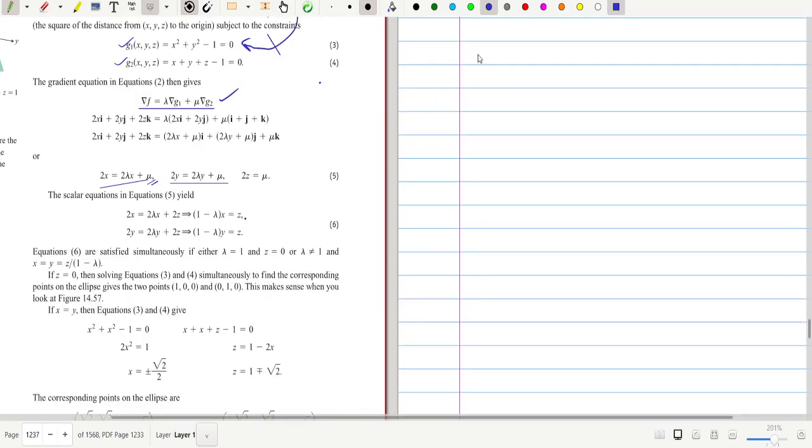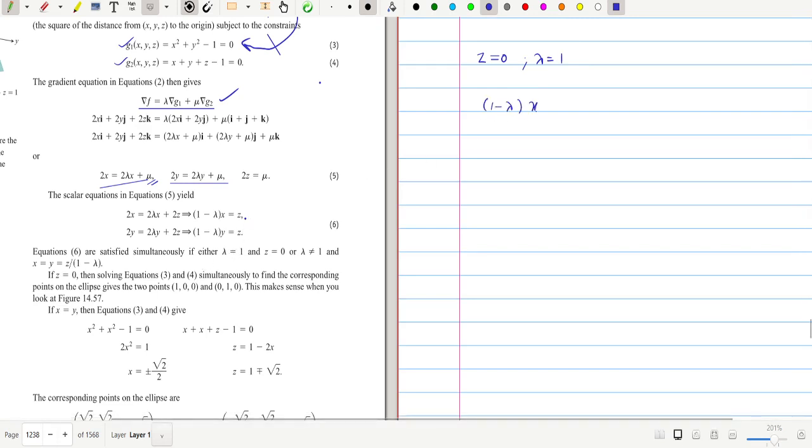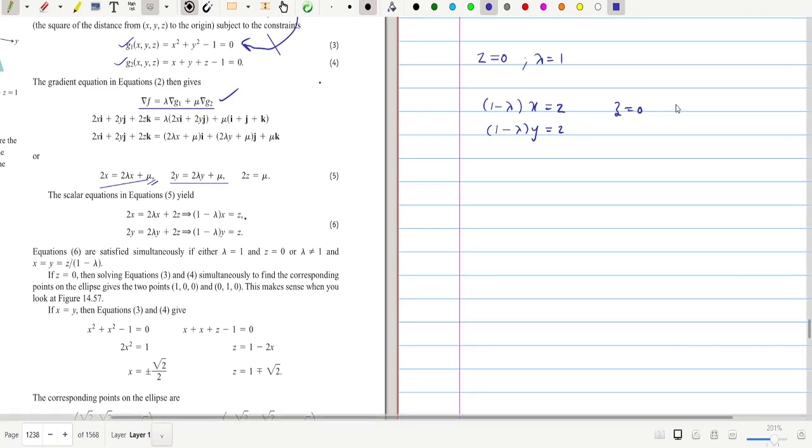Another possibility is z equal to 0 with lambda equal to 1. When you consider the equations (1 minus lambda) x equal to z and (1 minus lambda) y equal to z, one possibility is z equal to 0 and x equal to 0 and y equal to 0.